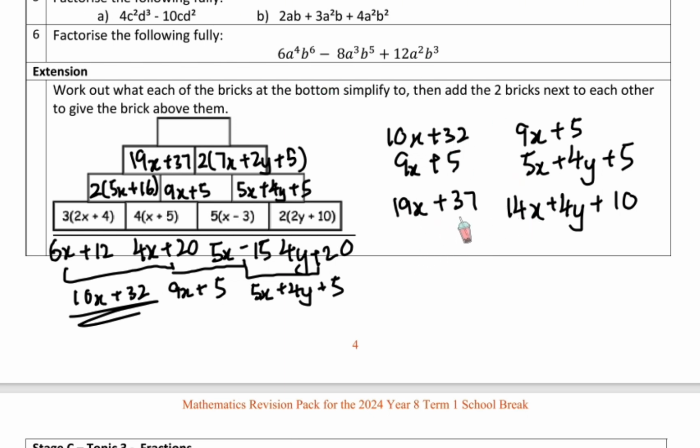So if we add these two numbers together, it would be 33x plus 4y plus 47. And since we cannot factorize them, this would be our final answer. So 33x plus 4y plus 47.